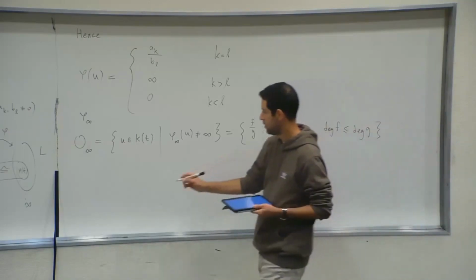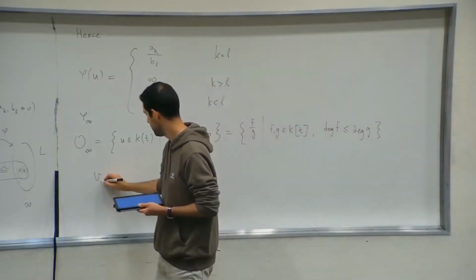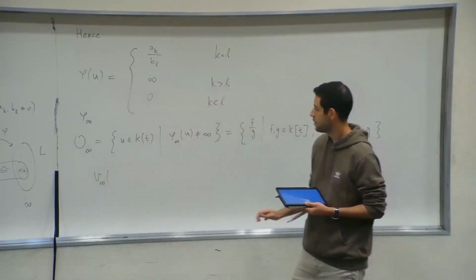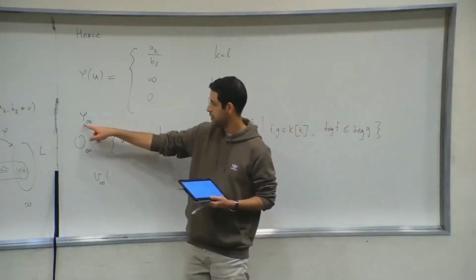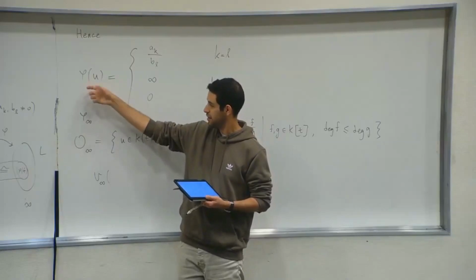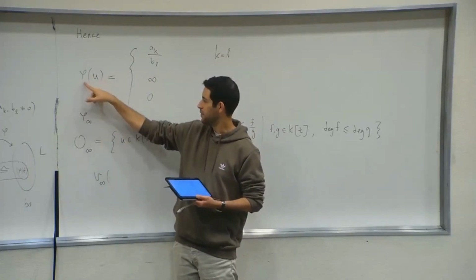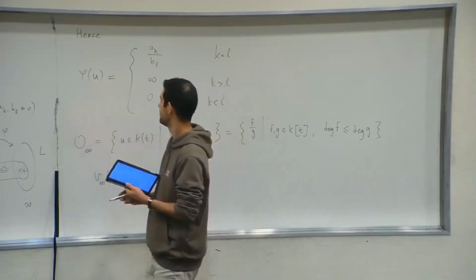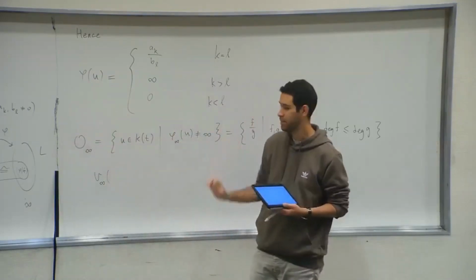Phi infinity is just a notation for the place with phi of t equal to infinity.